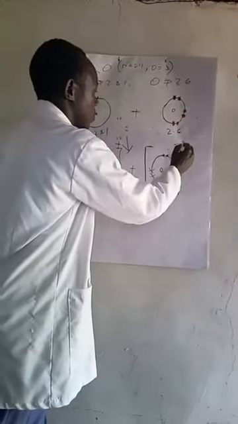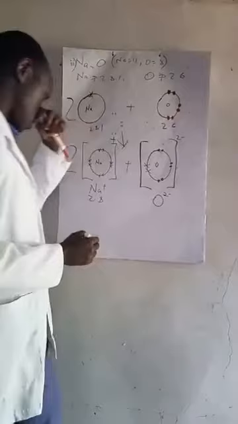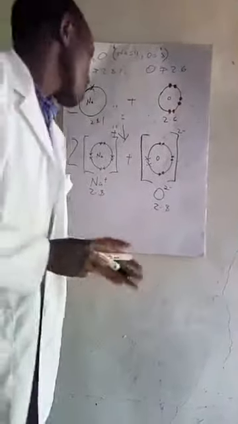That is 2 negative. So this is the oxide ion, which is 2, 8. So simply that is how you illustrate.